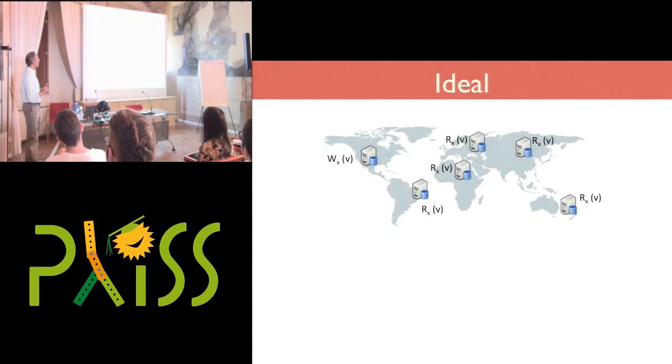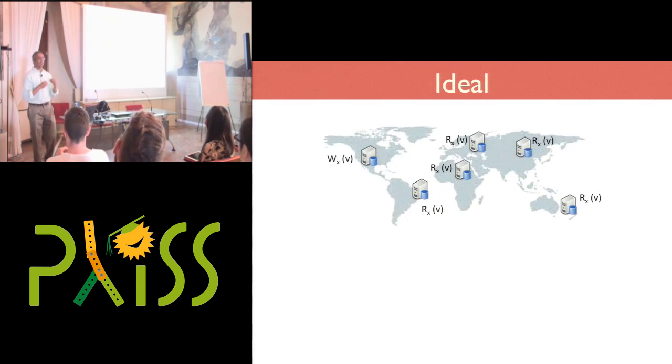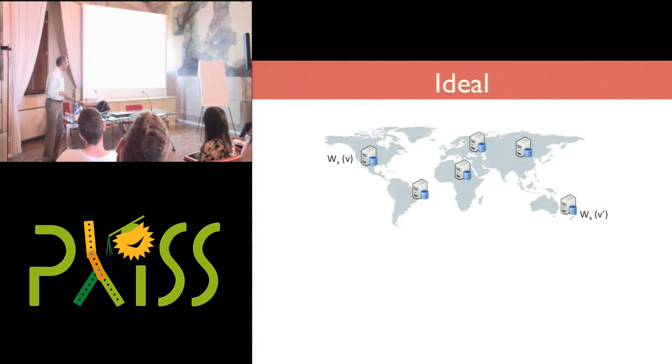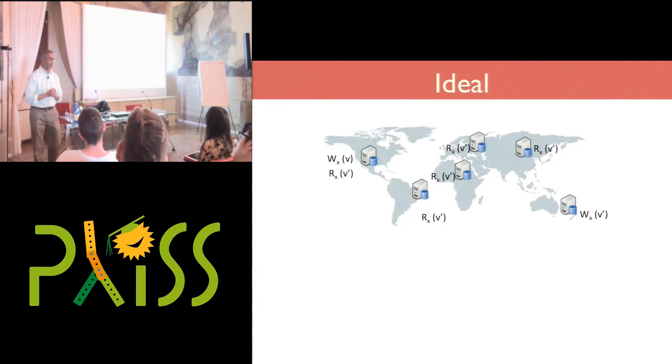And so we have a global ordering on all writes and reads, and the minute that I perform a write, it's instantaneously available on every node. Similarly, if some other node performs a write with value v prime to x, we expect that write will be visible to every particular node.